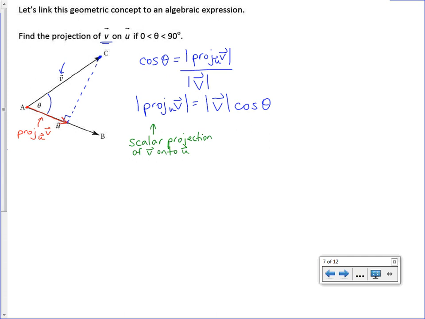If I want to find the vector version of this, I want my vector to be this long, but I want it to go in the same direction as vector U. So how can I turn this into a vector? Let's think about this.